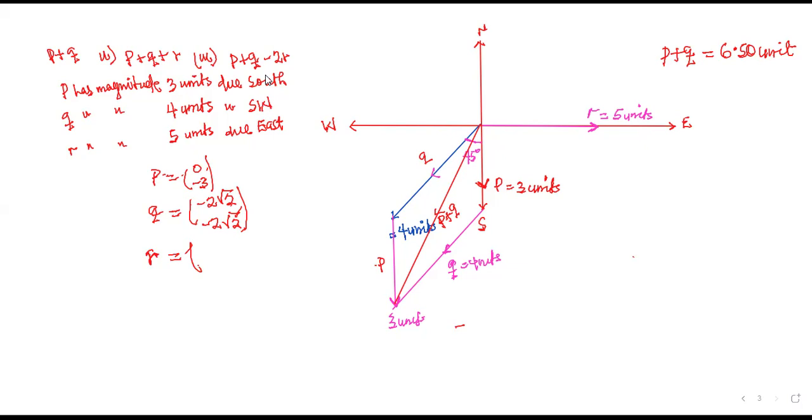Oh, Anita. Okay, Yasmin. Please, 5 and 0. 5 and 0. Yeah. It has only X component and 0 vertical component. So it's 5 and 0.